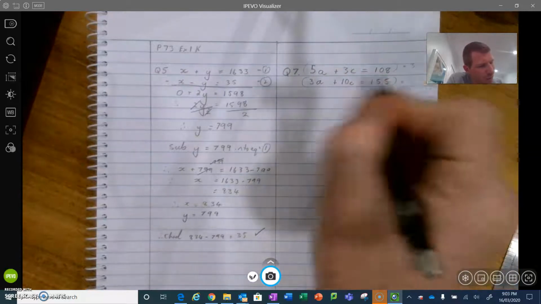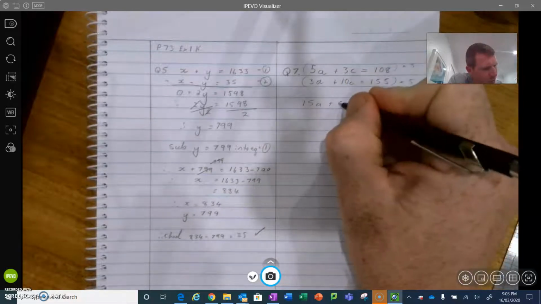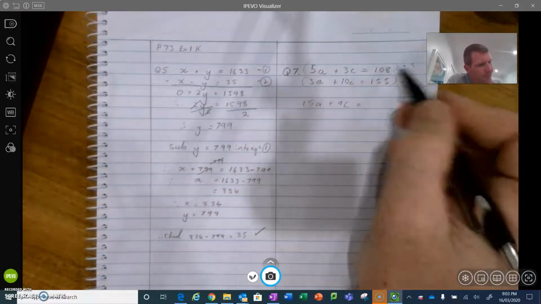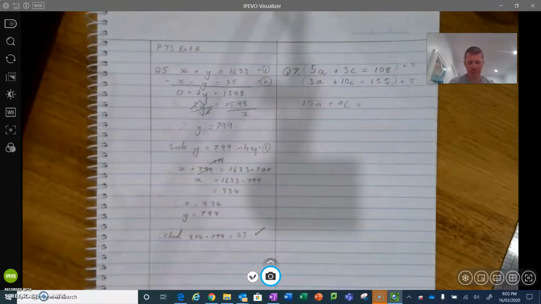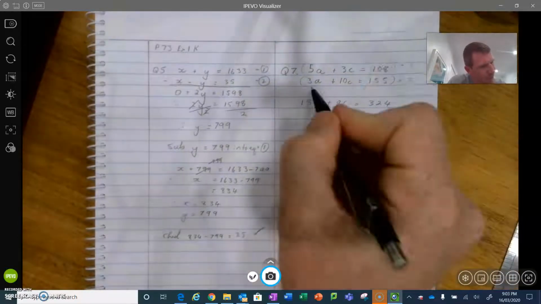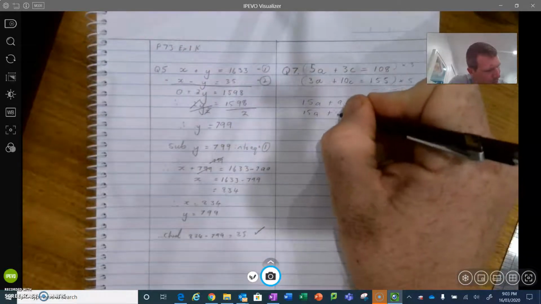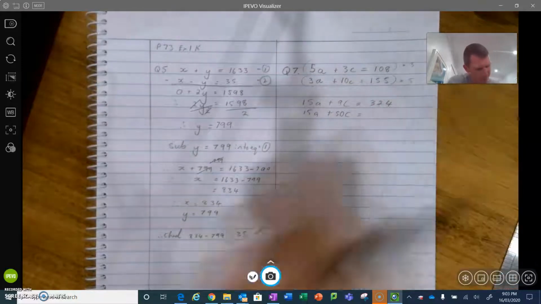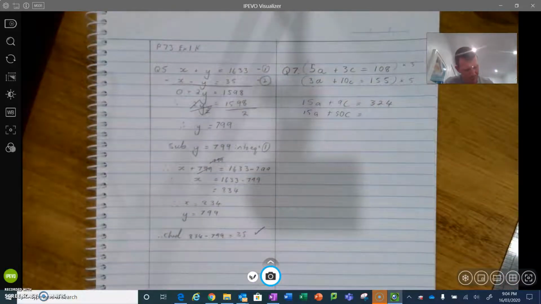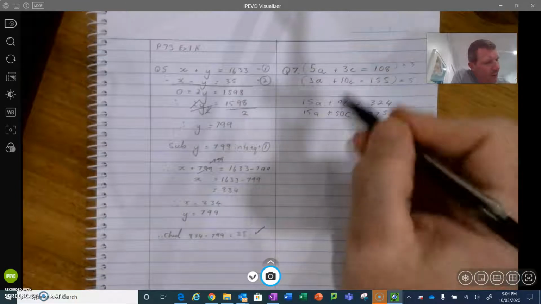So I end up with 3 times 5 is 15a, plus 3 times 3c is 9c, and 108 times 3 equals 324. Then I've got 5 times 3a is 15a, plus 5 times 10c is 50c, and then 5 times 155 is 775. Alright, so I've got my two equations there.